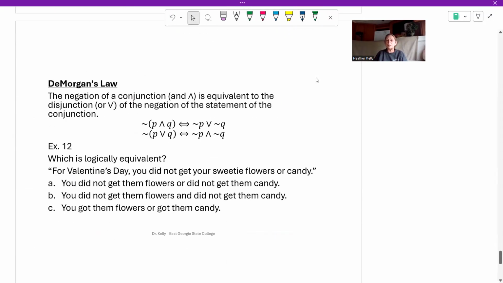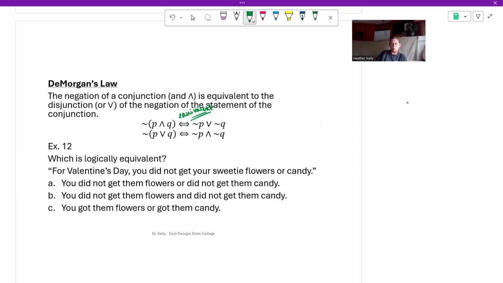And then finally, the last thing is this idea of De Morgan's law. De Morgan's law is the negation of a conjunction, an and, is equivalent to the disjunction, the or, of the negation of the statements of the conjunction. That sounds really confusing, but let's take a look. This symbol here means equivalent, in either direction.